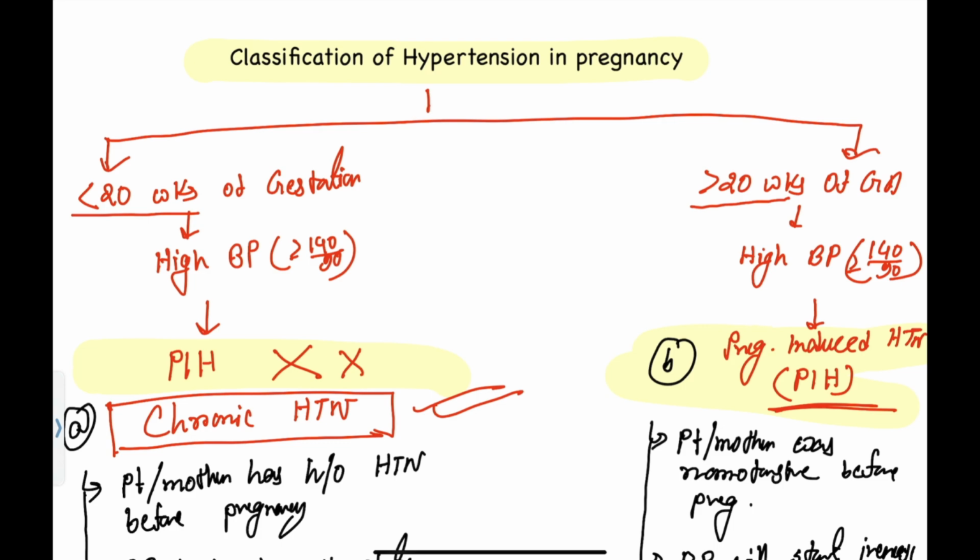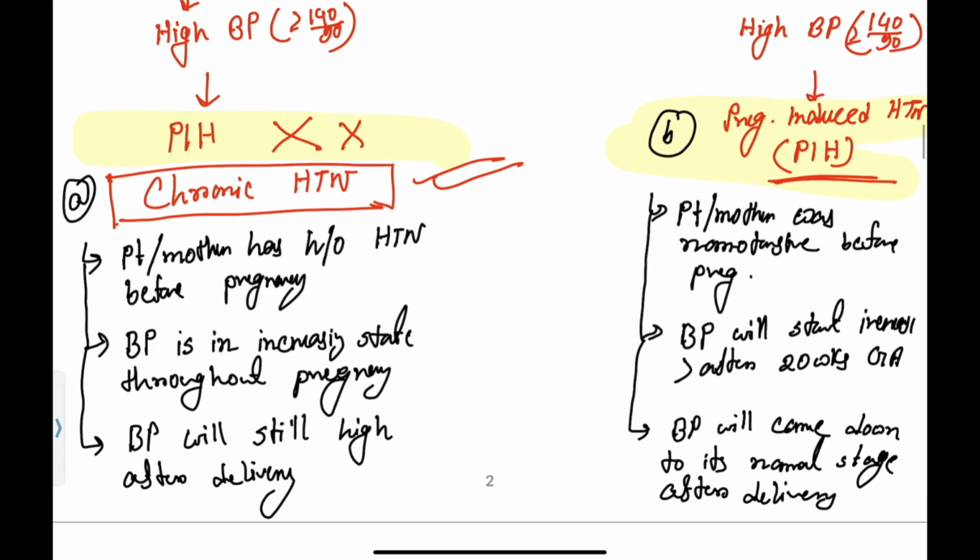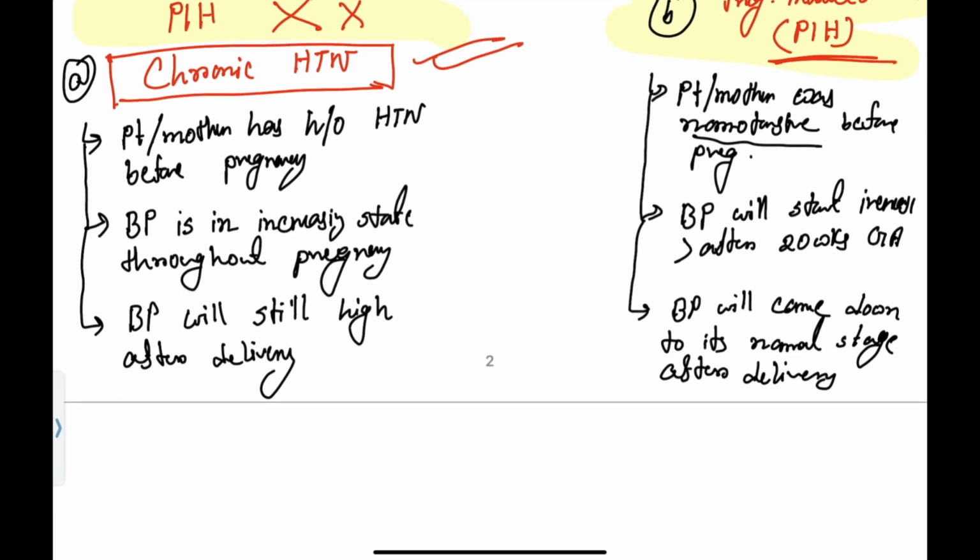It will be increasing throughout the pregnancy, in the first trimester, second trimester, and third trimester, and even after delivery BP will still be high. But in case of pregnancy induced hypertension, in the definition itself you learned that the mother was normotensive, meaning normal BP, before pregnancy. Till 20 weeks it will be normal. It will start increasing after 20 weeks of gestation. Then again it will come down to its normal state after delivery of the baby. That is the definition of PIH.